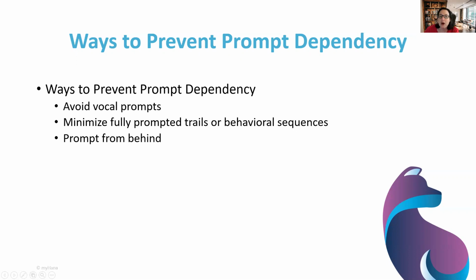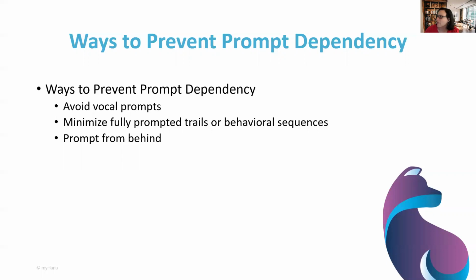Remember that prompt dependency means the child does it only when you cue them to do it. So to teach independence, we want to get rid of that. There are times that we put structures in place that may be there for a long time, as they serve as a reminder of what to do, but for the most part, we want to minimize these to get more independence.